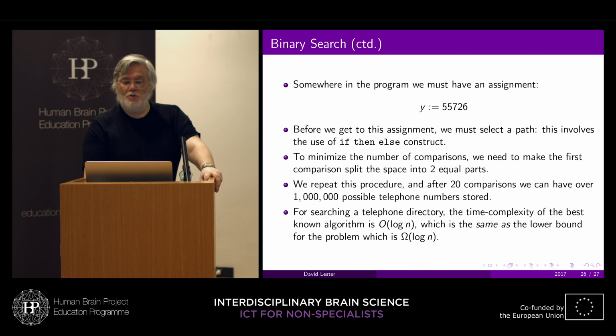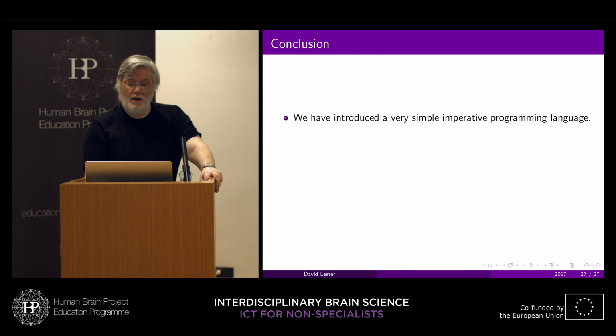For example, for sorting, it's a linear big omega and a quasi-linear best algorithm at the moment. And my suspicion is quasi-linear is actually the lower bound on the problem complexity, but nobody's been able to prove that yet.